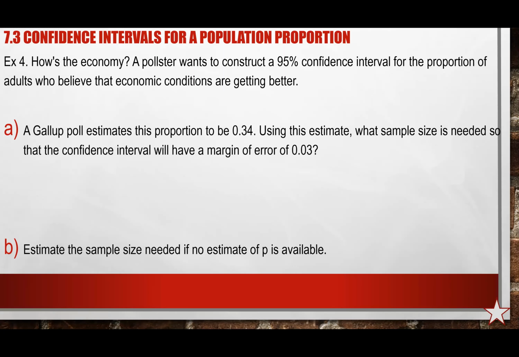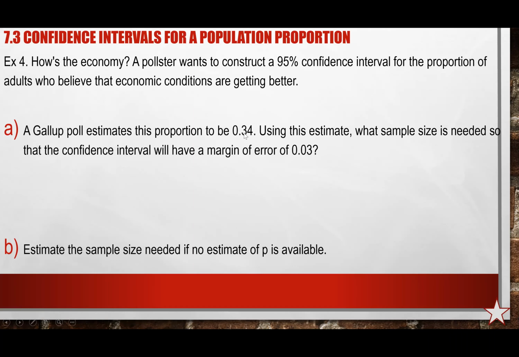How many people should he survey? That's the question. In part A, they say that the Gallup poll estimated this proportion to be 0.34, meaning based on this poll, the proportion of people who think the economy is getting better is 34%, or 0.34.